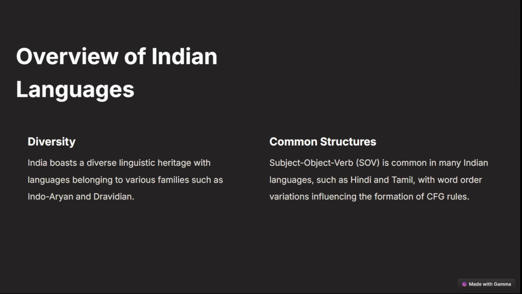Subject object verb is common for languages like Hindi and Tamil, with word order variations influencing the formation of CFG rules. For each Indian language there are different dialects, and these can have different types of structures. As we are talking about the subject object verb structure, even Kannada uses subject object verb, whereas Bengali uses subject verb object. We will talk about it in the next slide.